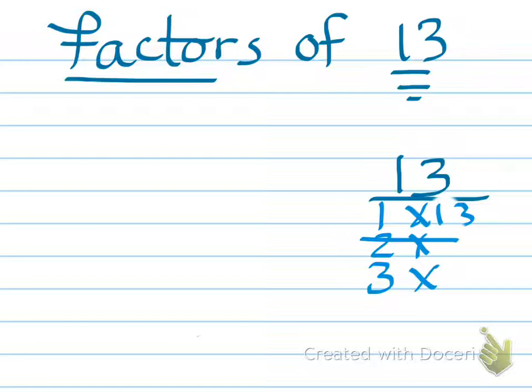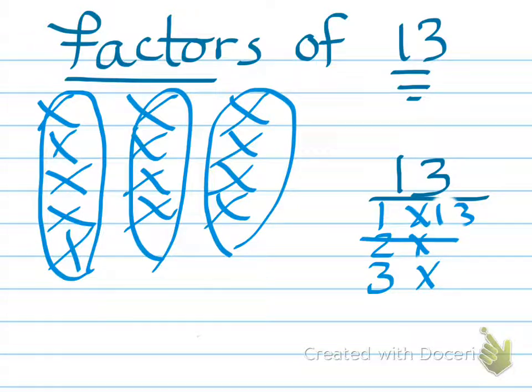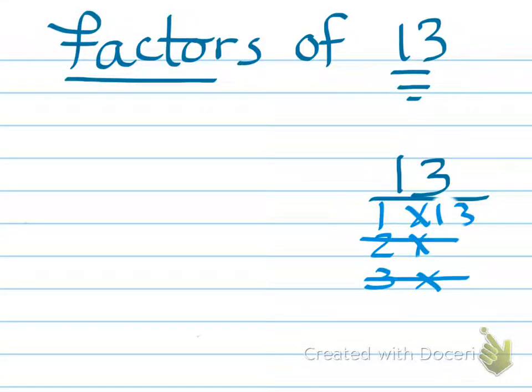So we cross 2 off because it is not a factor of 13, and we move on to 3. And we have the same problem there. We have an uneven array, so 3 is not a factor of 13 either. And you keep going and you keep going until you get to a turnaround fact. Now, to save time, I'm going to tell you that 13 doesn't have any other factors.